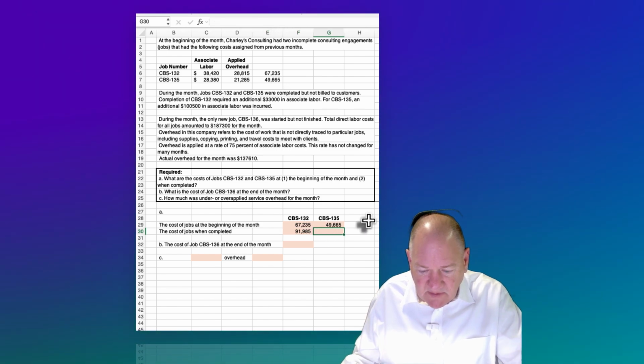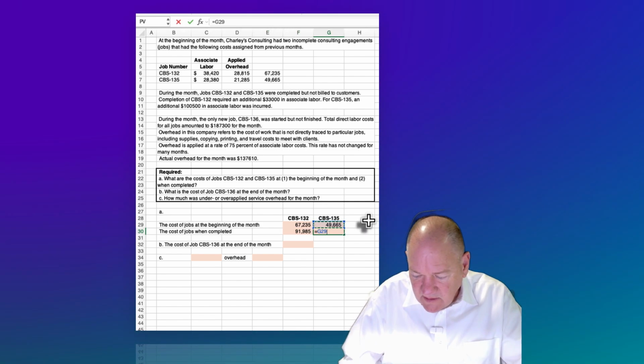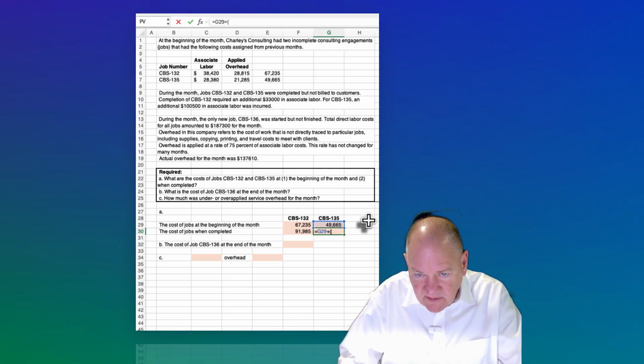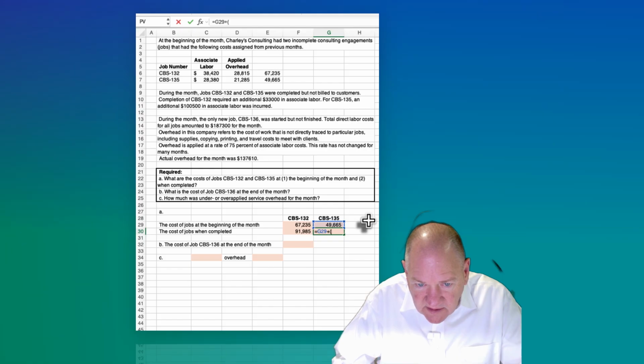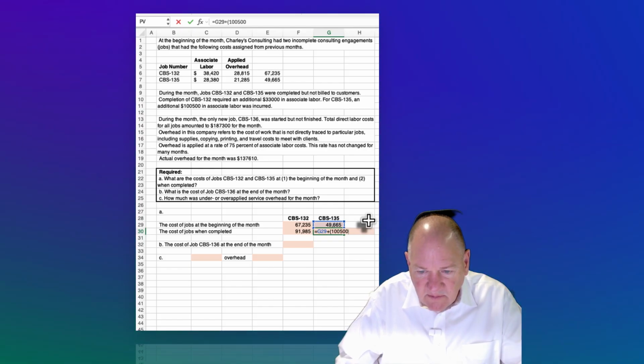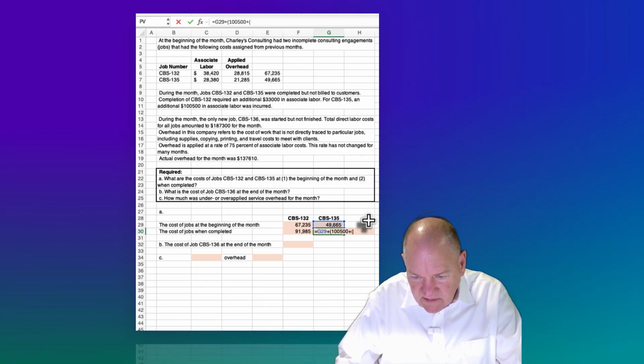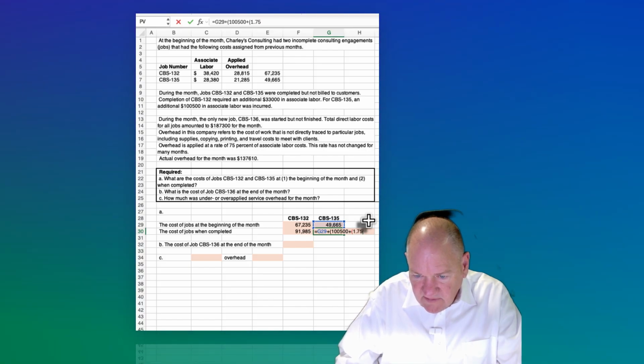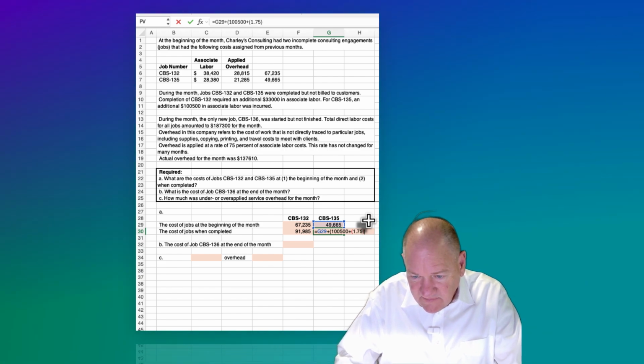All right, we can do the same thing here. I can go ahead and pick up the beginning of the month balance, and I'm going to add to that, in this case, $100,500 in direct labor cost plus 1.75, or I could say 1 plus 0.75.